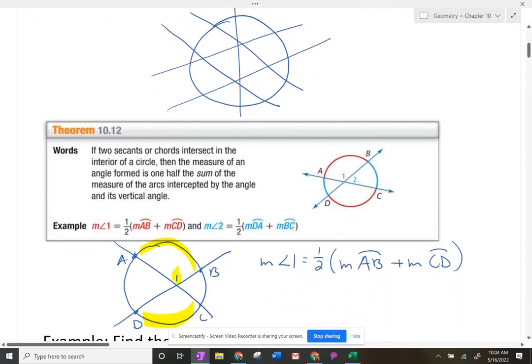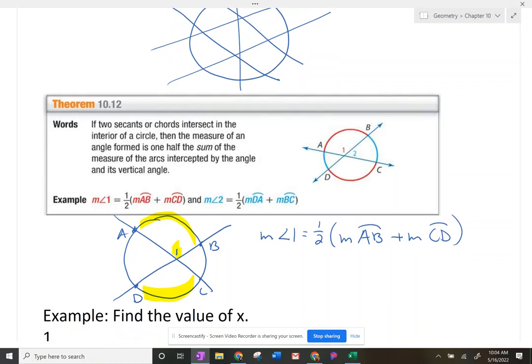All right, here is the formula that you guys will have. When you have 2 secants, so 2 lines that go through the circle, that intersect in the interior of the circle, the measure of the angle formed by those 2 lines coming together is going to equal half of the vertical angle's arcs.